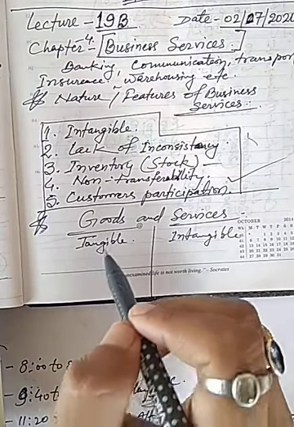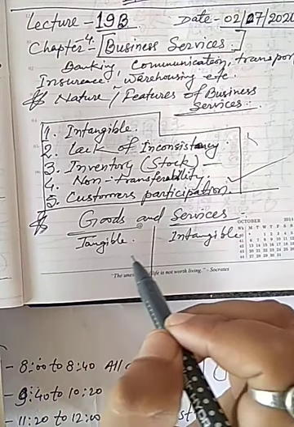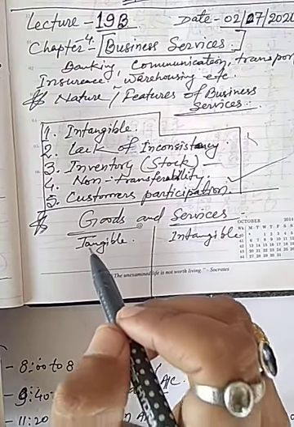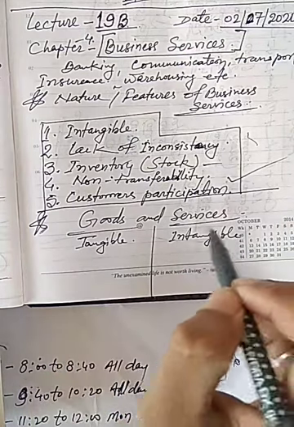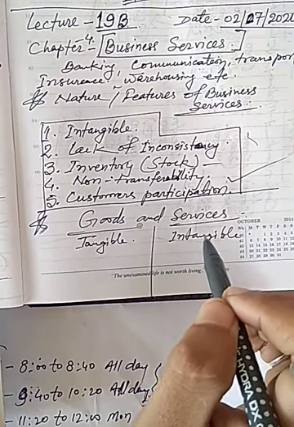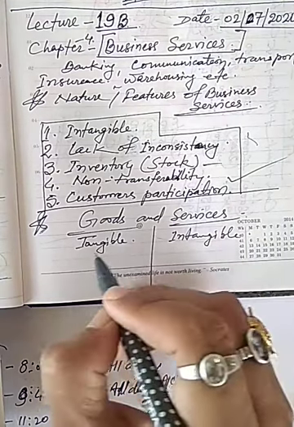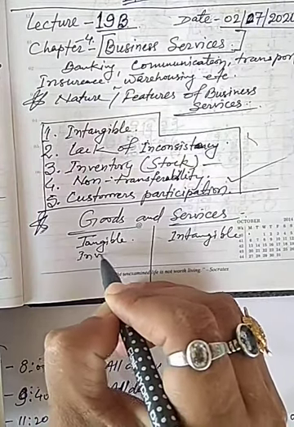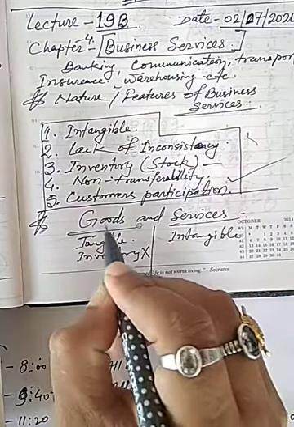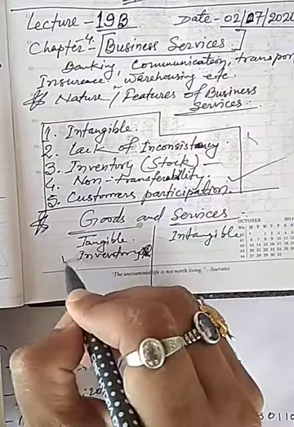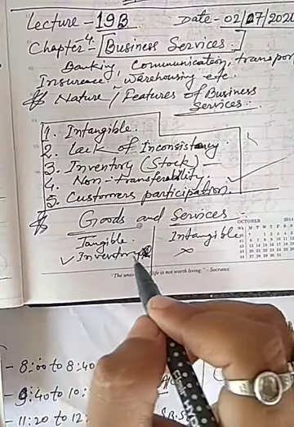Goods can be stored or kept in stock, but services cannot be kept in inventory.